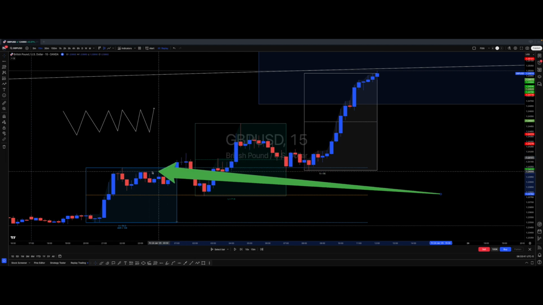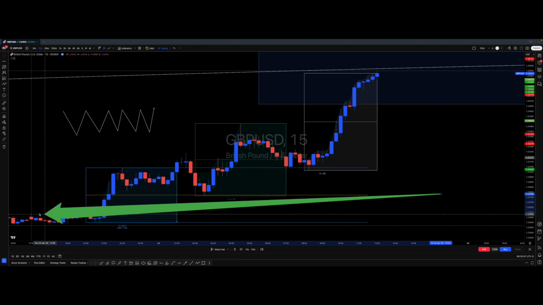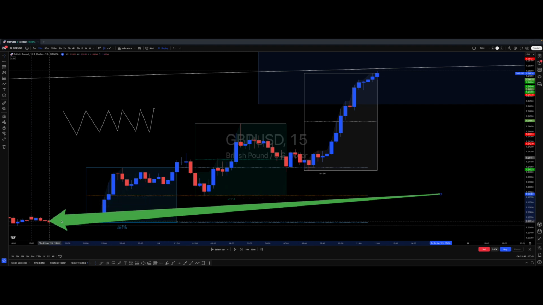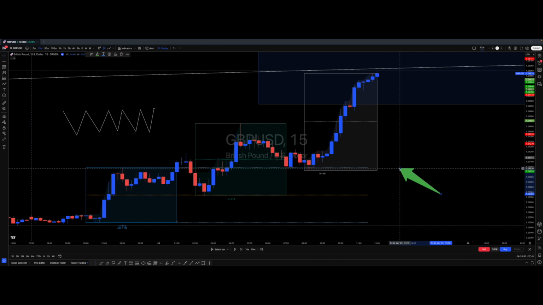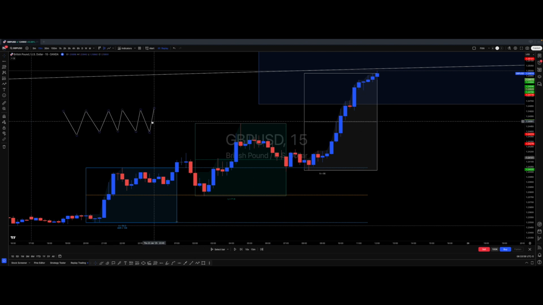So above this here are going to be orders, below this here are going to be orders. Just like above this here is going to be orders and below that is going to be orders. Anytime that there's consolidation, movement sideways, there's always going to be orders on top and on the bottom.